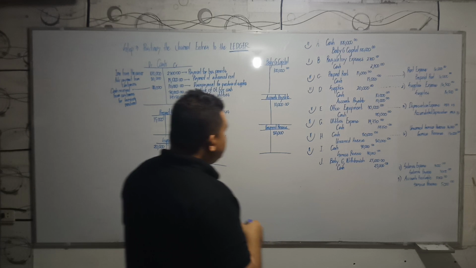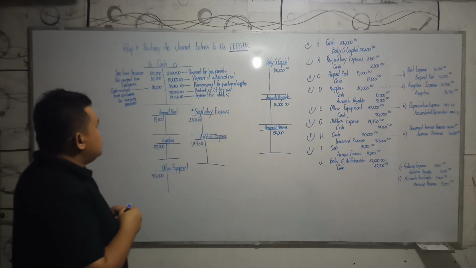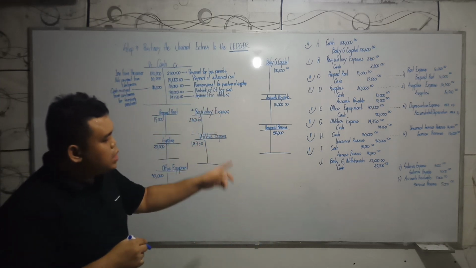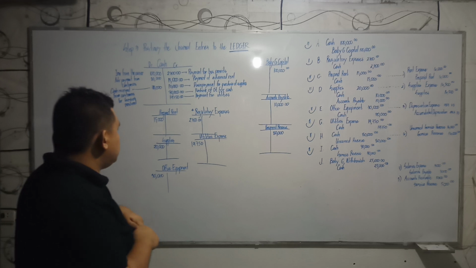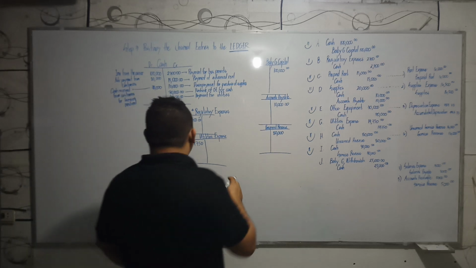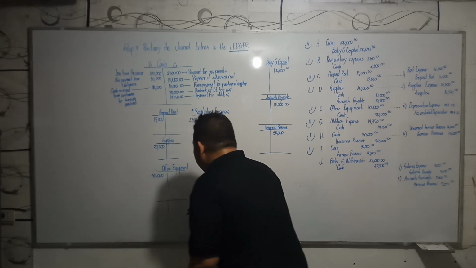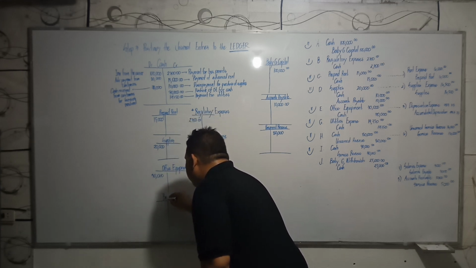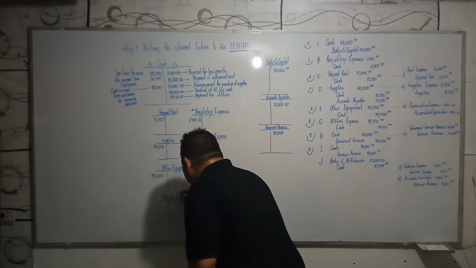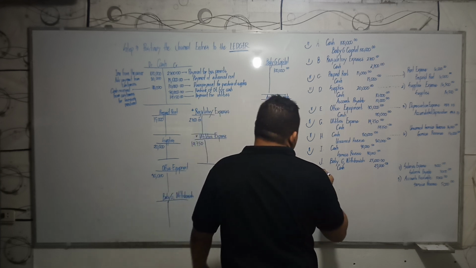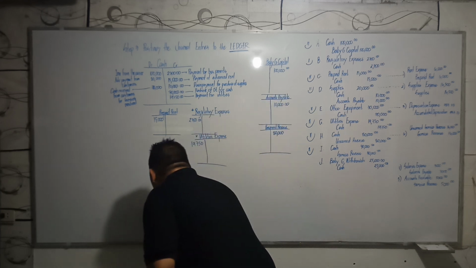And we have letter J. So, the debit is baby G withdrawals and then credit cash 25,000. So, we have to put here another T account because that is a new account title, baby G withdrawals. Yeah. Baby G withdrawals 25,000.